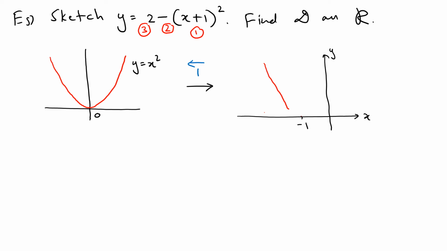It's gonna go like this. Parabola, you have to draw it like a parabola. Okay, good. So that's the shape of the graph. And then we normally put arrows to mean that it's gonna continue like that.